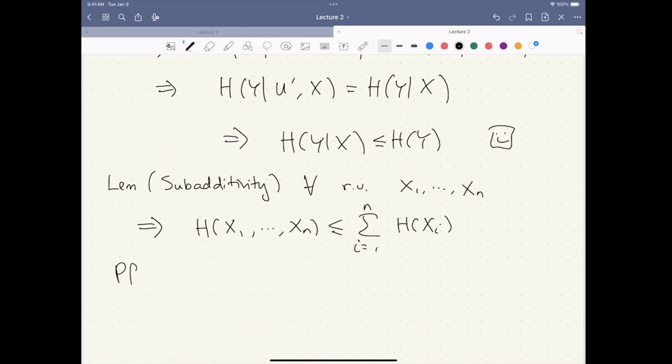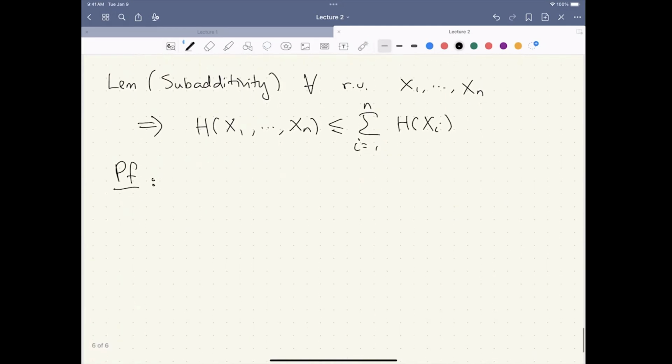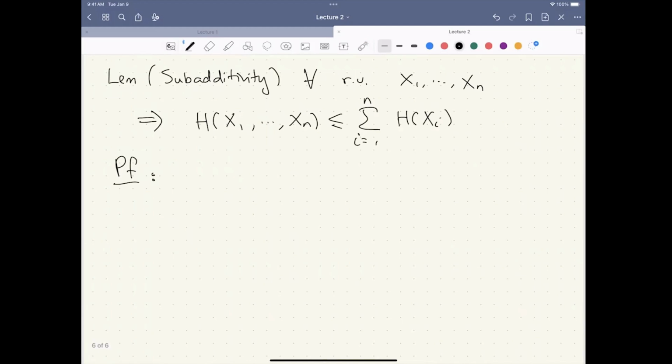Proof. This is basically a couple of lines using the properties that we've proved so far. Things become easier now after the theory we built. If you look at the random vector and you have an entropy of it, the first thing that should come to our mind is to use the chain rule to expand it. So by chain rule, what is the chain rule?